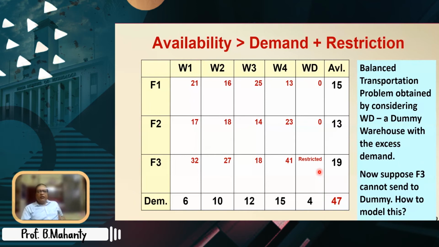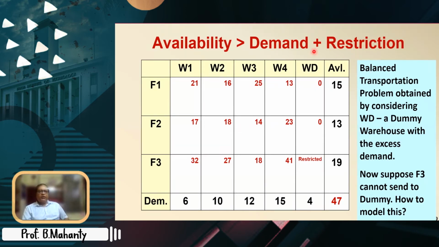You see, now you have to understand from the logic what it is that actually is told there. So essentially all those languages finally mean only one thing, that F3 material cannot be sent to WD. All right, that means this particular square is restricted.